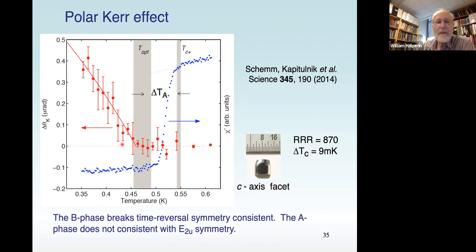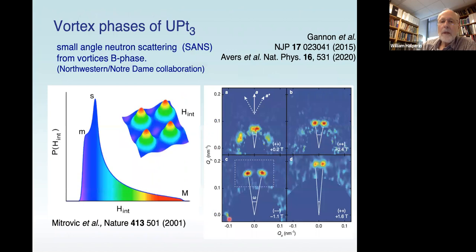And so the onset of Kerr rotation at this point pretty clearly indicates that that's characteristic of the B phase, and you might expect such a rotation from broken time reversal symmetry. And the reflection in the Kerr effect is from a C-axis facet. Actually, this is an as-grown surface, and it's very nice for the experiment here to have a pristine C-axis facet.